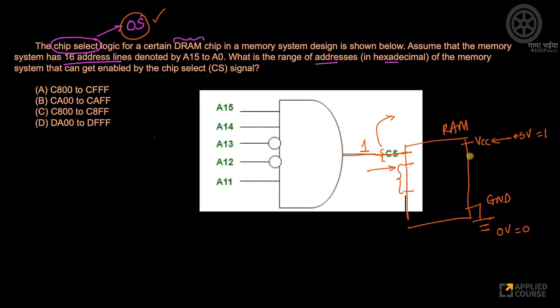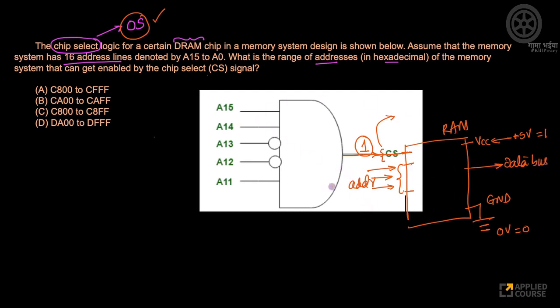You could have multiple RAM chips, and you might want to select only one chip at one instance. Only when chip select is equal to 1 will this chip be selected, and any address that you send here will be used to figure out what is stored in that address, and that is placed on your system bus, or to be specific, on your data bus.